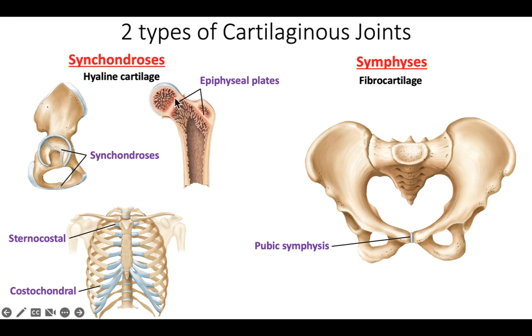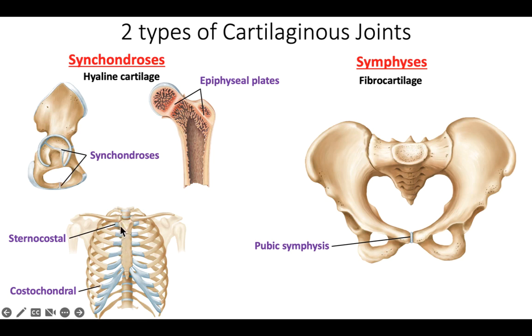So if you're still growing, right, and you have epiphyseal plates, that plate is hyaline cartilage. So that's technically a type of joint. It's a type of synchondrosis. All right. They're also found in the hips before the hip bones all fuse together. Right. The ilium, the pubis, and the ischium are all held together using joints until they're fused.